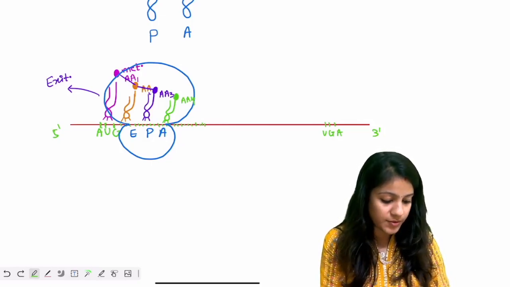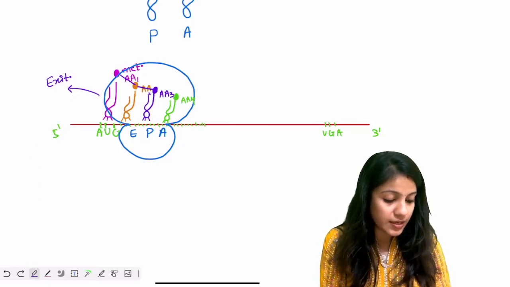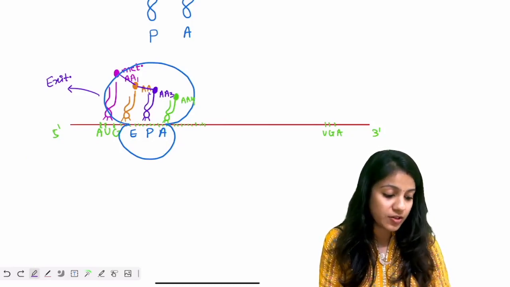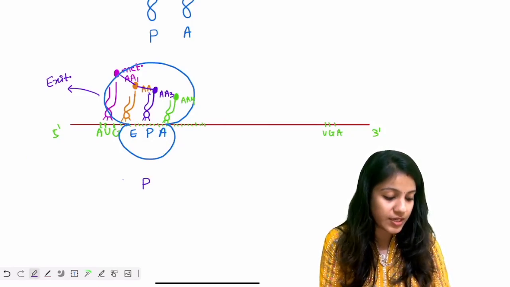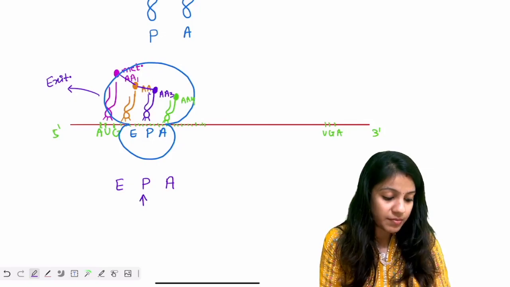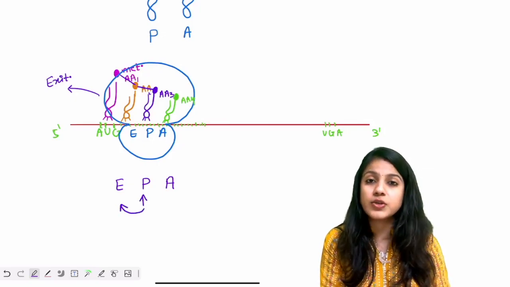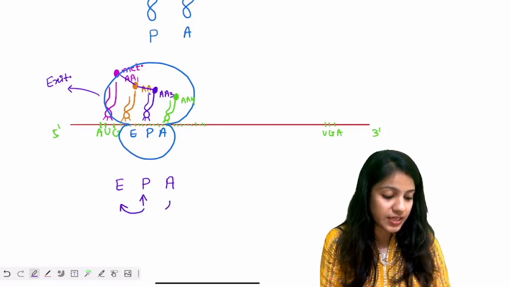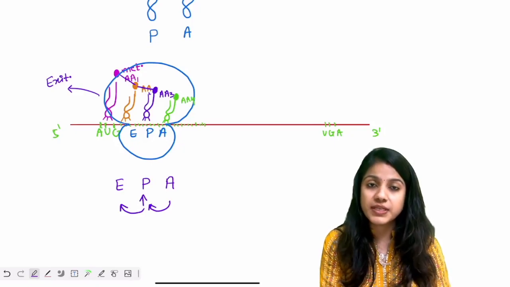Now what we are observing is whichever tRNA is present on the initial site, like we have the EPA sites. Initially the tRNA was present on the P site. Every time, the P site tRNA will get shifted to the E site, and the A site tRNA will get shifted to the P site.